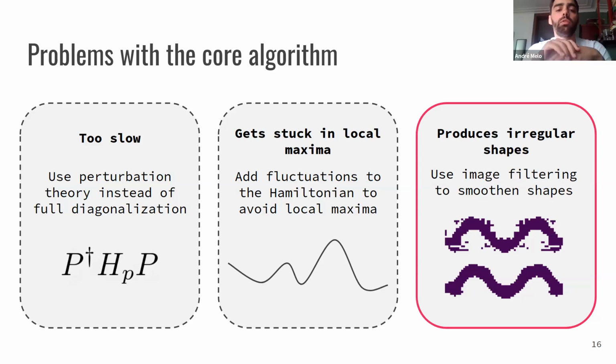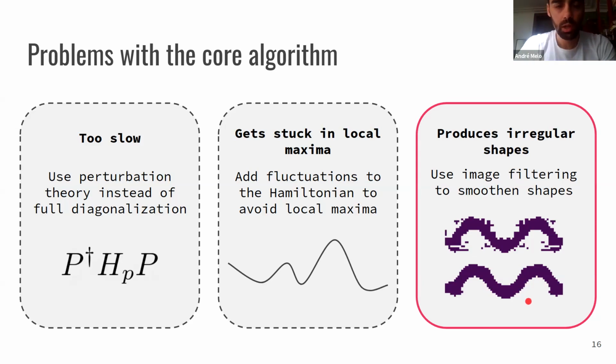And so this removes these fluctuations on the scale of the lattice constant. I'm showing you two examples where on the top plot, I'm showing you a shape obtained by the algorithm without filtering, and then I filter it, and indeed you see that the resulting shape is much smoother.